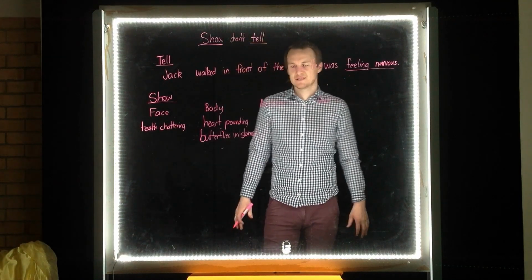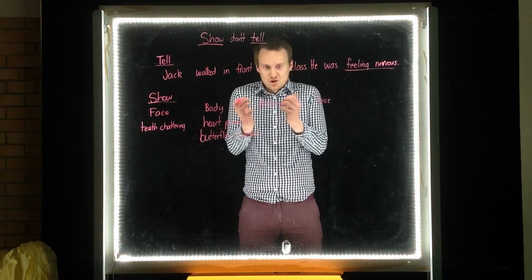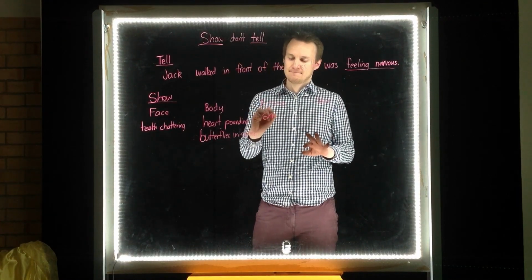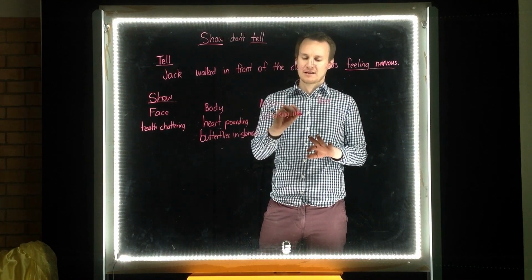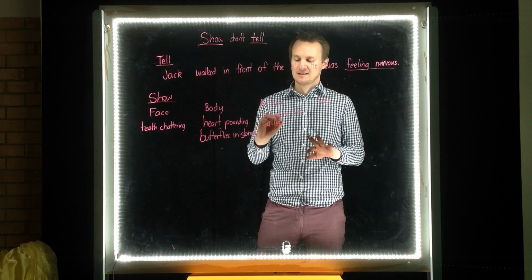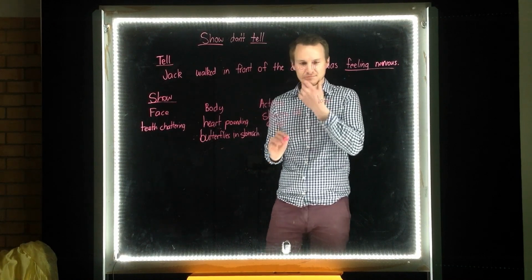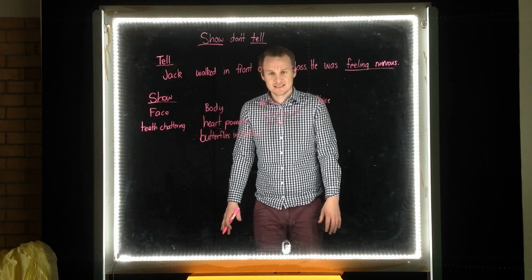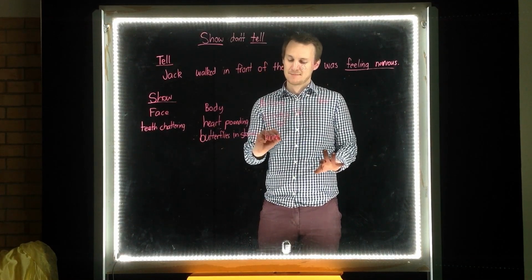What actions was he doing? What was he doing with his hands? He was shaking a lot. Now I'm going to write a simile. He was shaking like a leaf. His knees might be trembling.